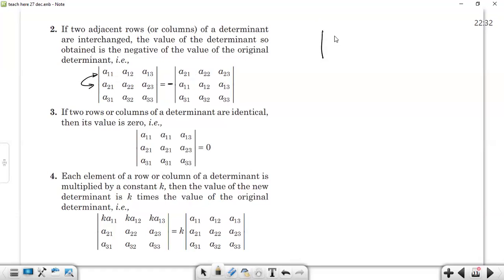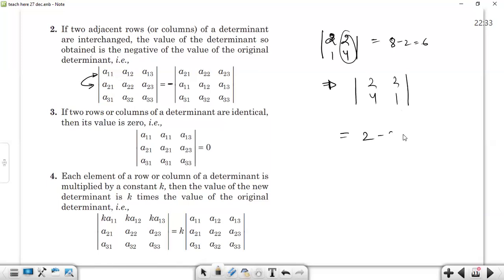So let's take the same example, 2, 2, 1, 4. Let's interchange the columns, so the second column becomes the first and the first becomes the second. The determinant for this was 8 minus 2, that is 6.